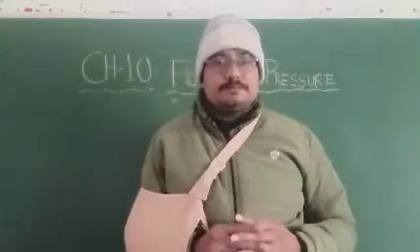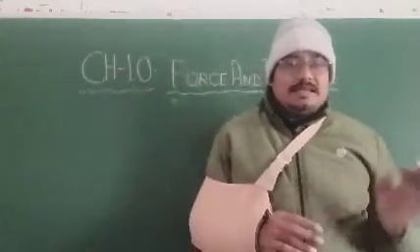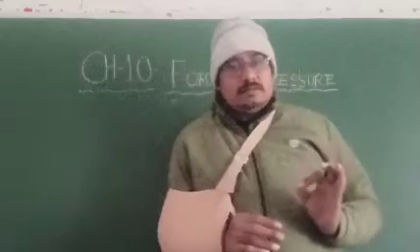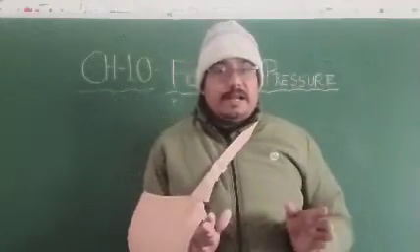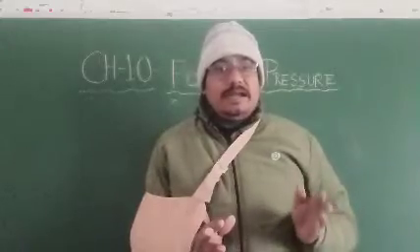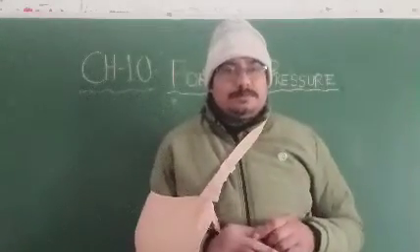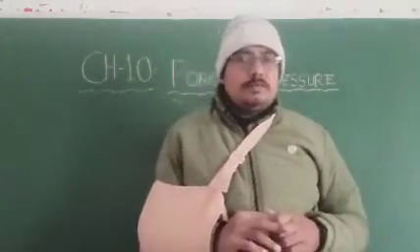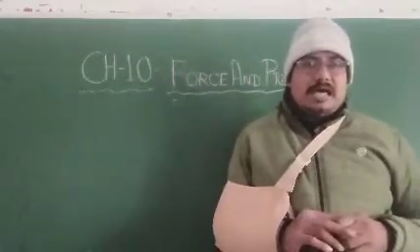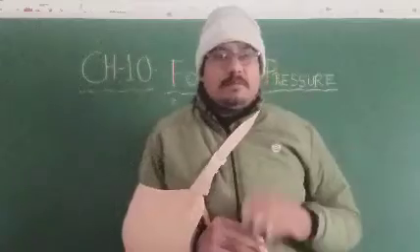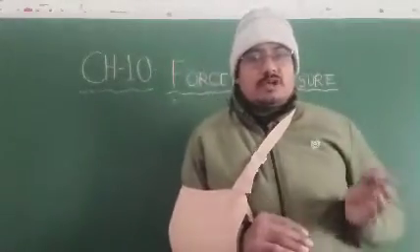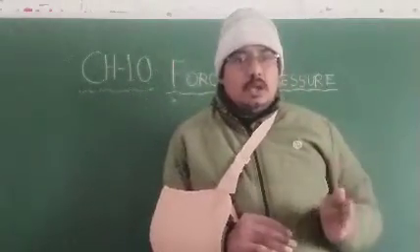That means lesser area will exert great pressure. If greater area is in contact, it will create less pressure. So student, with the help of these examples, I have explained under what condition the pressure is greater and under what condition the pressure is low.